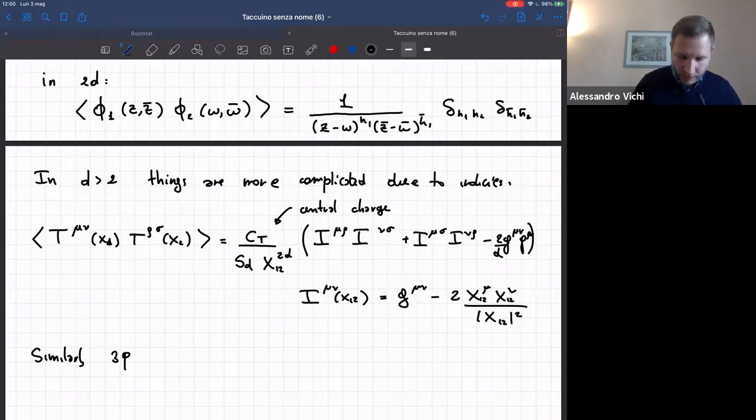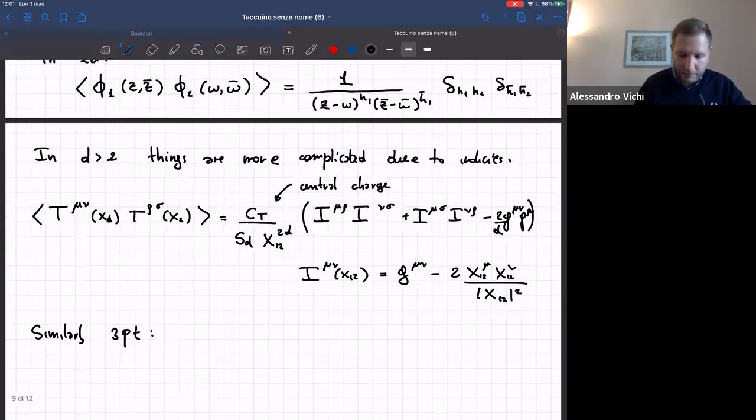Good. And similarly, as I was saying, also three-point functions are fixed up to a certain number of constants. As before, there was an overall constant. If you start putting indices, then you might have more than one tensor structure that reproduces the same indices, which means that you would have more than one constant appearing.